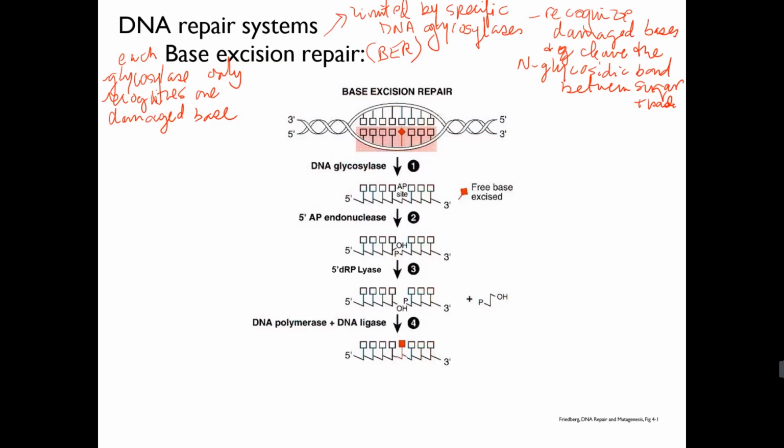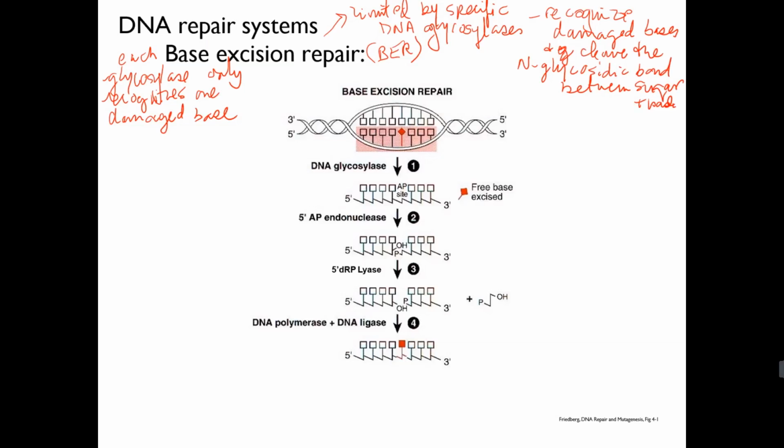So it's sort of like the direct repair system, and in fact, it's even more limited, right? Because literally one protein is responsible for repairing one kind of damage. This pathway encompasses more forms of damage, but it comprises multiple different kinds of glycosylases.